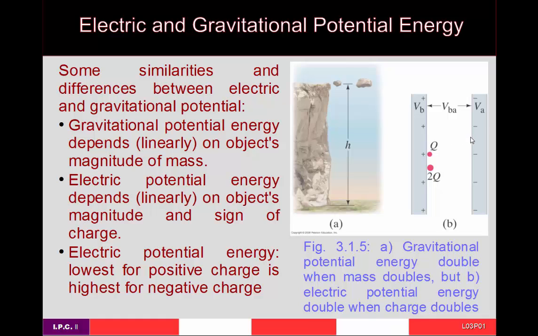That's because the electric field flows from here to here. That means that the force on a negative charge is actually from right to left. And so as the particle moves from right to left, it's losing potential energy. So here's the minimum potential energy for a negative and the maximum for a positive. Here's the minimum for a positive and a maximum for a negative.